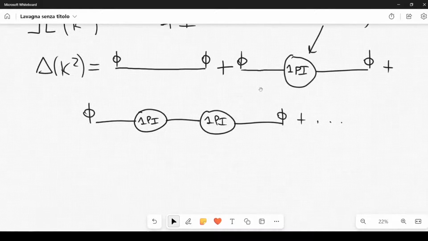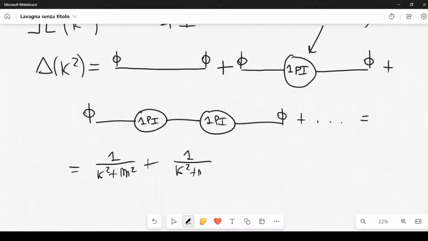Now, if we write down the expressions, this first contribution will give us 1 over k squared plus m squared. This second graph will give us 1 over k squared plus m squared from this part of the graph, so this edge if you want, and also another contribution of this kind from this part of the graph, so we get this quantity squared.